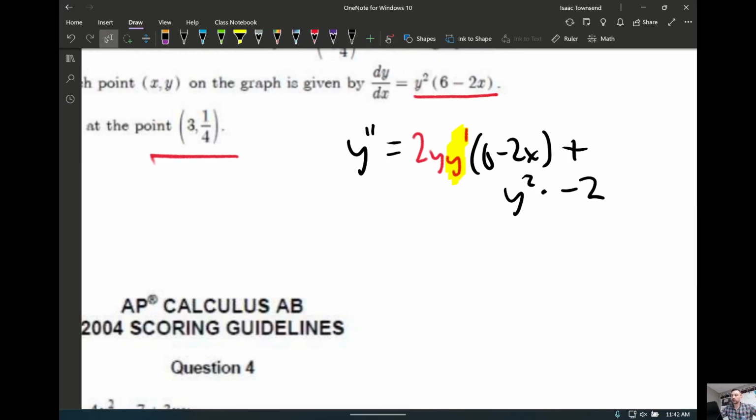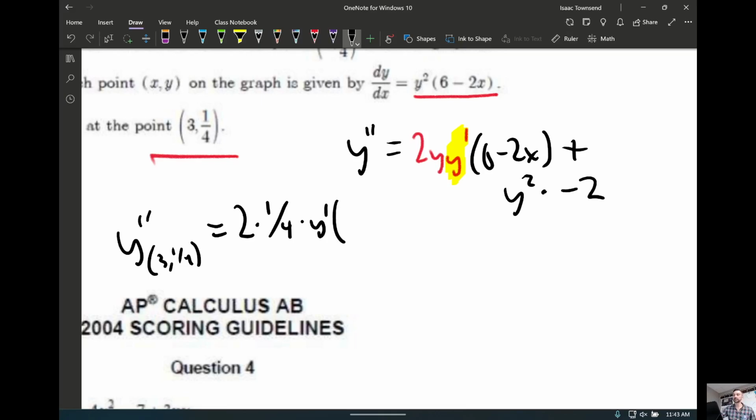So if we want to know the second derivative at this point, 3, 1/4, that means I can plug in a 1/4 everywhere there's a y. y and y prime are two different things, so don't plug 1/4 in for y prime. I can plug in 3 for x.